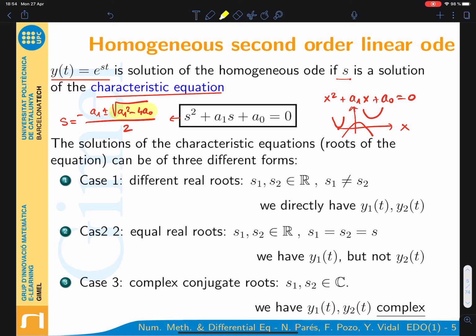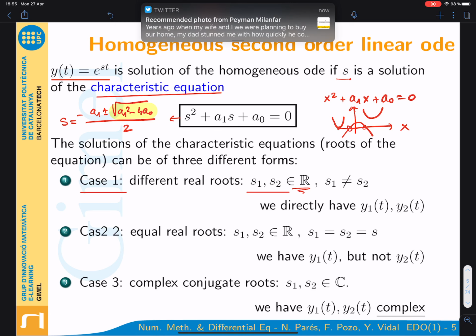If the square root is 0, you only have one solution. If the square root is different from 0 and is positive, then you have 2 different solutions. But if what's inside the root is negative, then you have 2 solutions in the complex numbers, but no solution in the real numbers. So, to proceed now, we really need to separate or to take into account three different cases. Case 1 is the easiest one. We are very lucky, and we got 2 different real roots, s1, s2, that live in the real numbers.